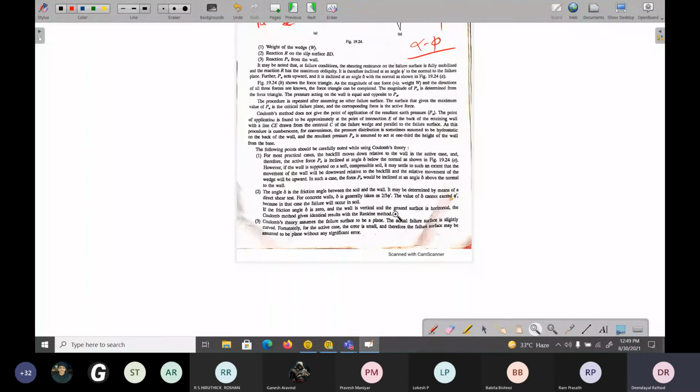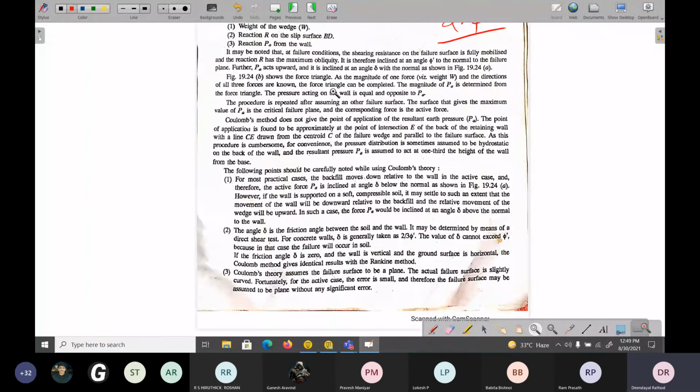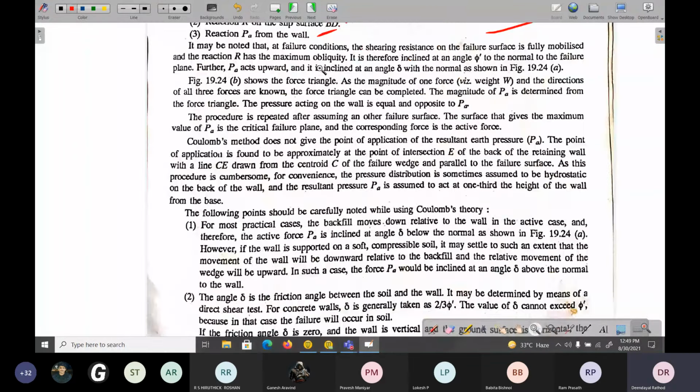So before going to the next page, here W weight, reaction R and the slip, and the wall. If you read these points, that's what is mentioned, okay.